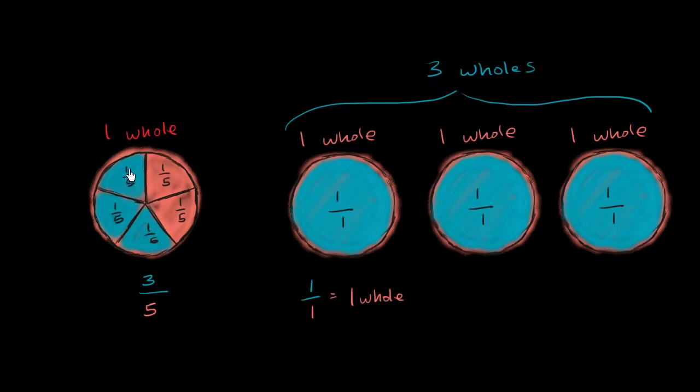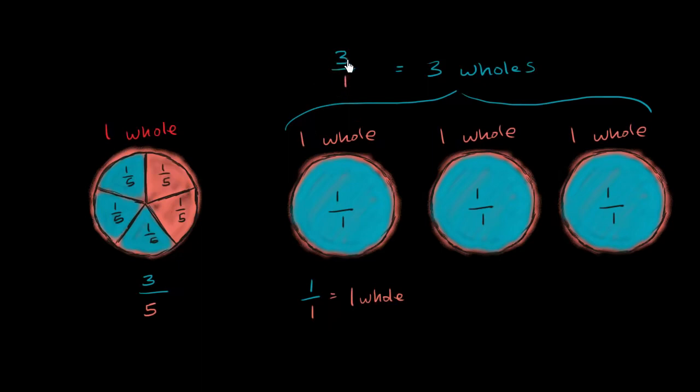Notice, when I took a 1/5, another 1/5, and another 1/5, I could call that 3/5. So now if I take one 1/1, another 1/1, and another 1/1, well, I should be able to call this 3/1. So I could call this 3/1. So this is interesting.